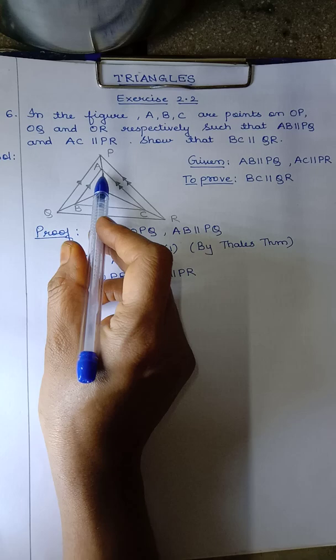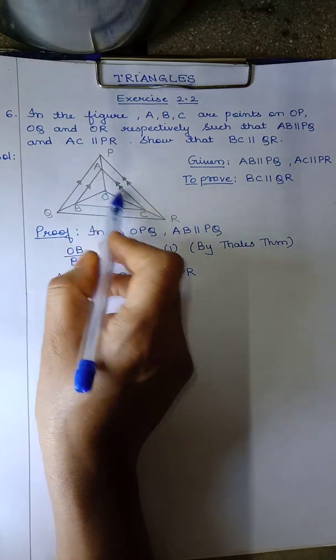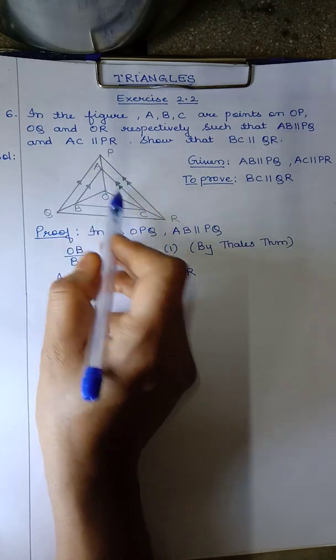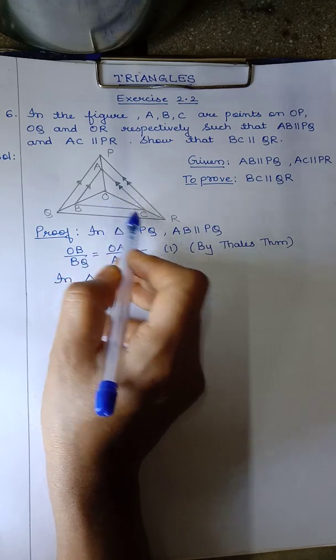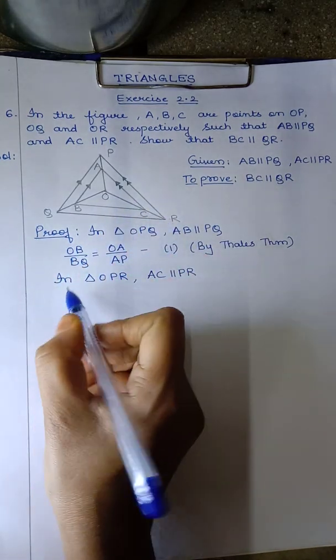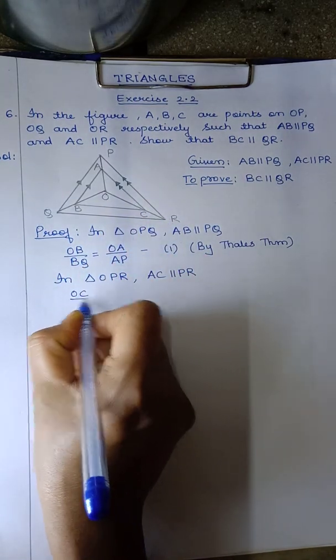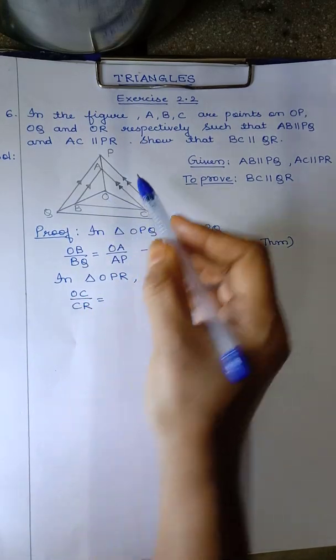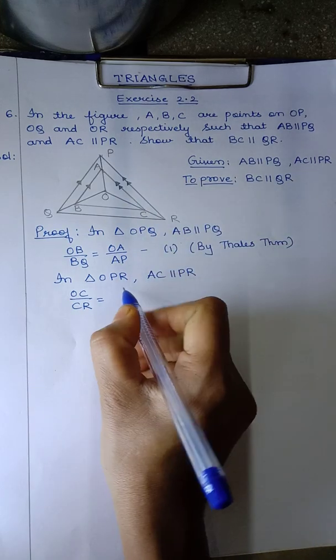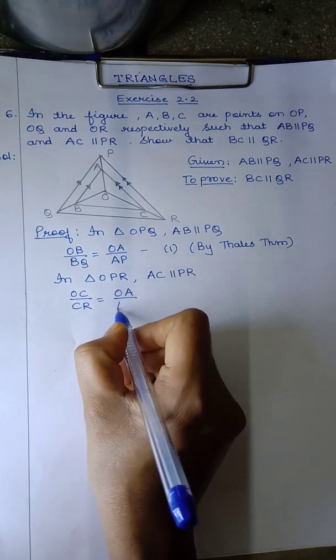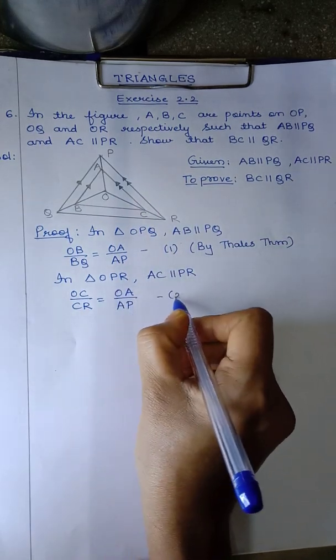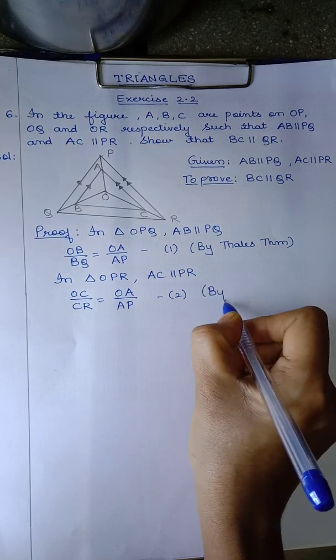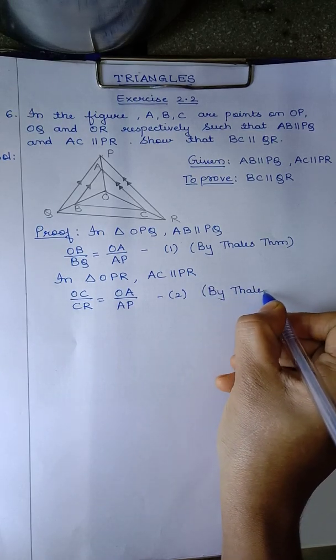When AC is parallel to PR, this parallel line divides the other two sides in the same ratio by Thales theorem. So OC upon CR will be equal to OA upon AP. This will be equation 2, again by Thales theorem.